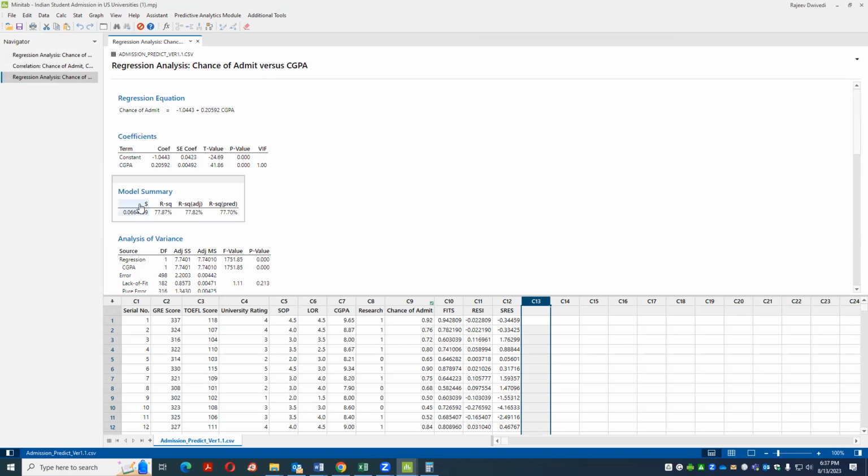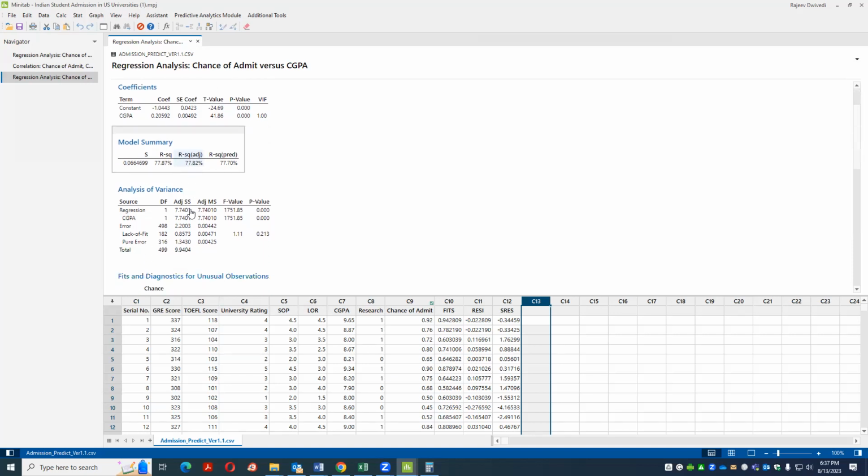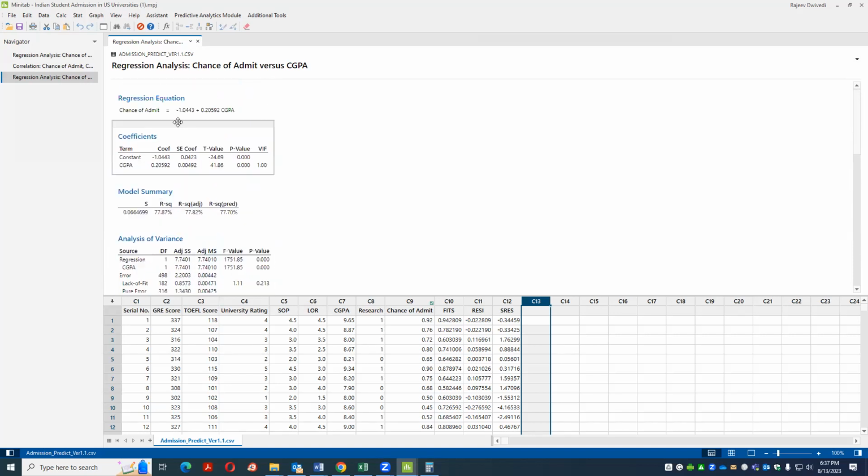Real quick, sorry. Are we utilizing the R squared, the adjusted, or the predicted more often? Okay, R square is commonly used, but some people use adjusted R square. Suppose you have multiple regression. If the question is asking for adjusted R, you have to give it. Suppose you have 10 variables and one is not significantly important for prediction; adjusted R square rectifies that, so it is a more precise value.